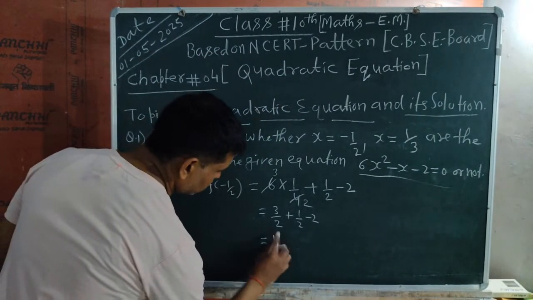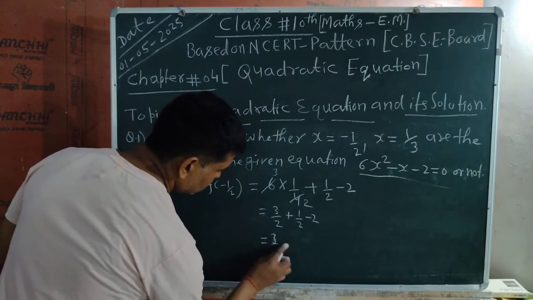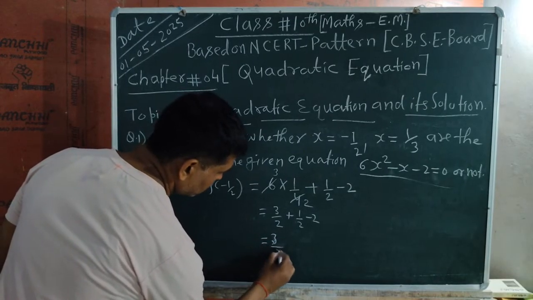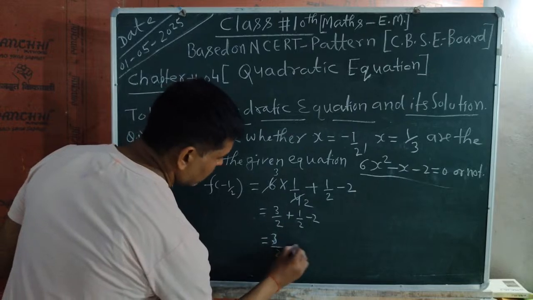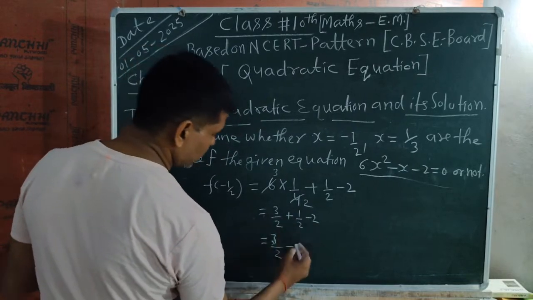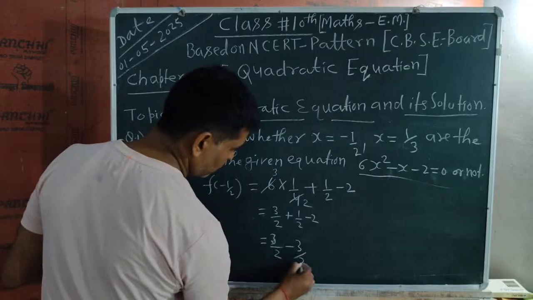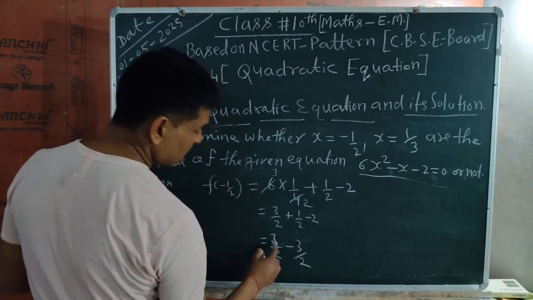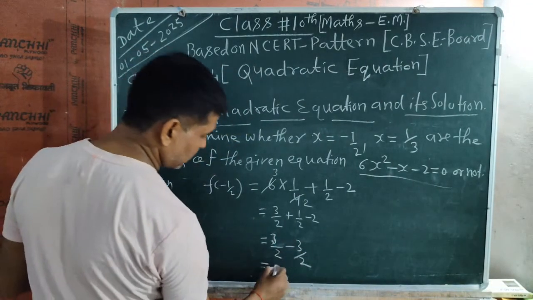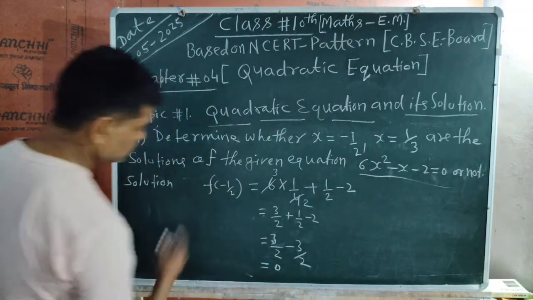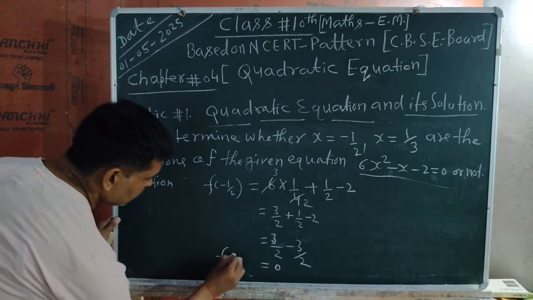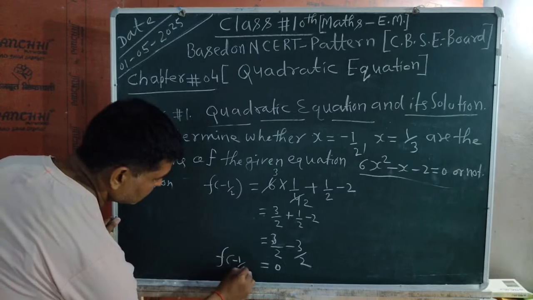Here will be 3 by 2, and here will be 2 to the 4 plus 1. That will be minus 3 by 2. Okay, students. So I will substitute 3 by 2 minus 3 by 2. It will become 0.